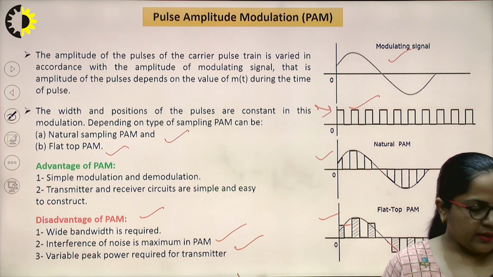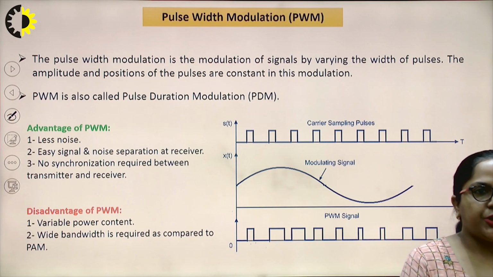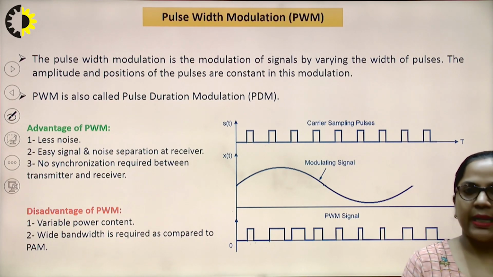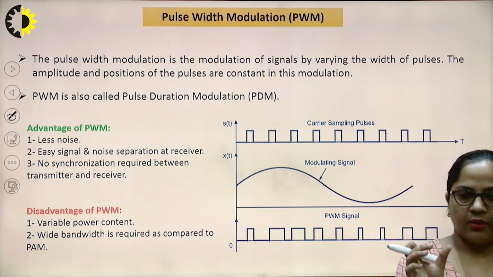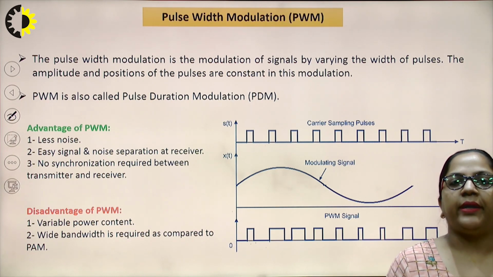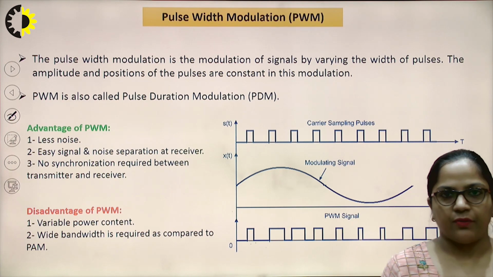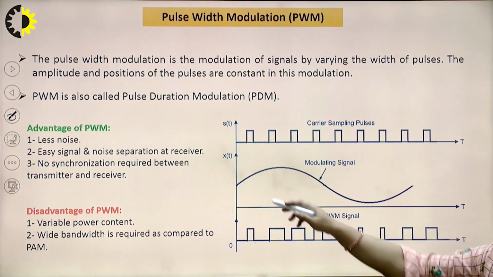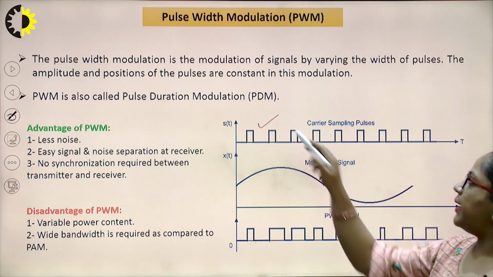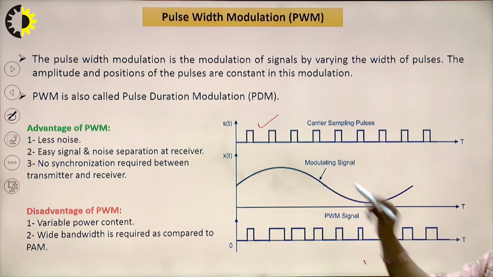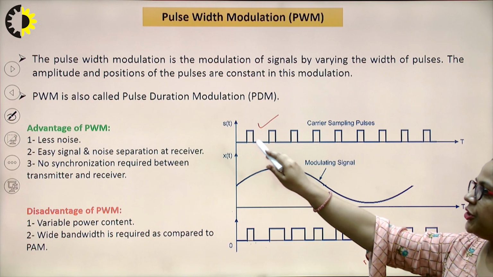Okay. The next is pulse width modulation. What is pulse width modulation? As the name indicates, in case of pulse width modulation, the width of the carrier pulses should vary according to the instantaneous value of the modulating signal. Here we have the graphical representation. Here we have the carrier pulses of fixed amplitude, position and width.